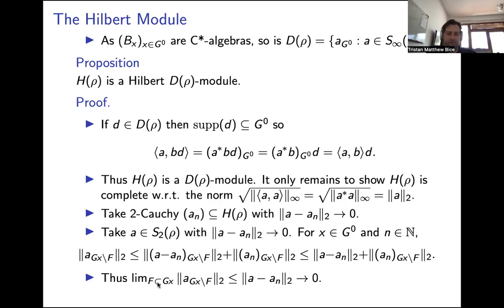So the limit of this has to be below the 2 norm of A minus A_N, but we know that as N approaches infinity that has to go to 0, because it's a 2 limit. And that is what tells us, from our other characterization, that A star A itself is also defined, and hence A is within H of rho.